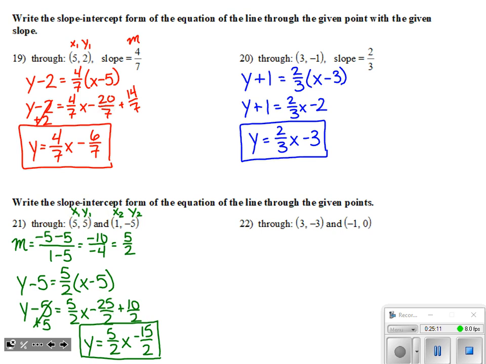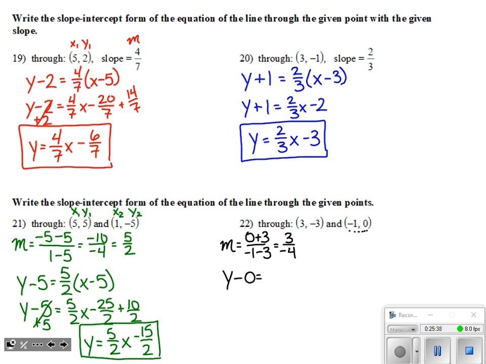Okay, and the grand finale here of our review, let's find some slope. M equals y2 minus y1 over x2 minus x1. That equals 3 over negative 4. And let's choose which point would be easier to work with. I'm going to choose that second one because it has a 0 in it, and those are very nice to work with when we're plugging values back in.